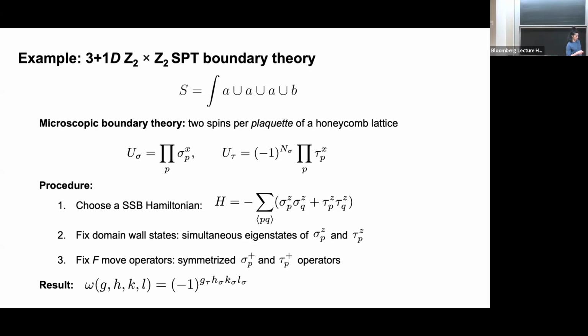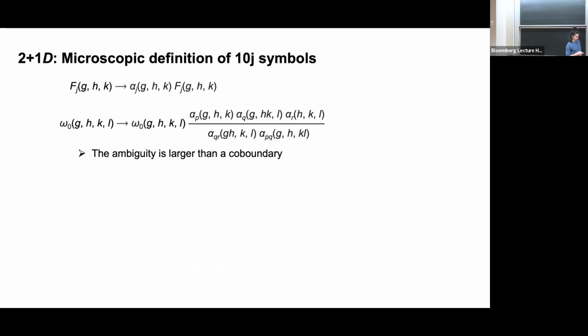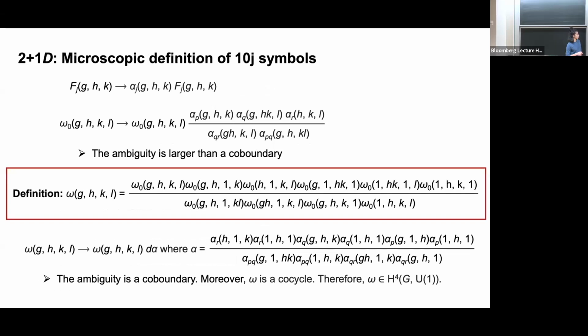Then when we enact the procedure, we find that we obtain this omega, but the bare omega, omega naught, actually has the same form as omega. And so in this case, in this giant ratio, all the terms drop out except for this first term here.